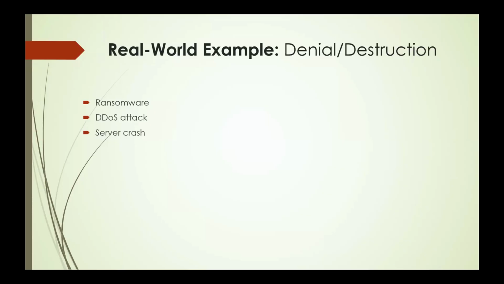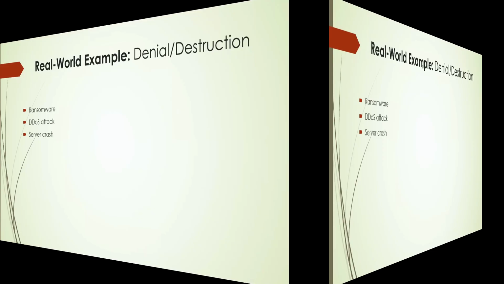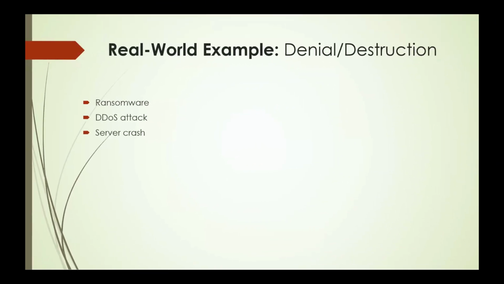So, let's take an example. A shop can serve only 50 customers at a time, a physical shop. Suddenly, thousands of fake customers enter together. They are not here to purchase anything but just to flood the store. So real customers cannot enter or buy anything. This is similar to our DDoS attack and also a server crash.